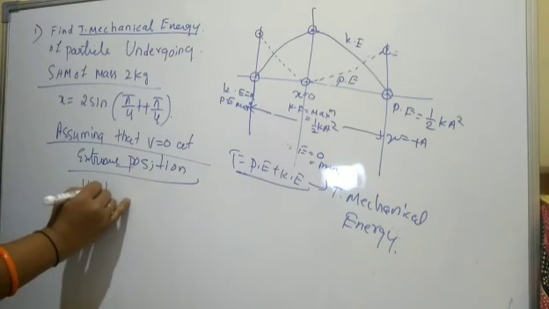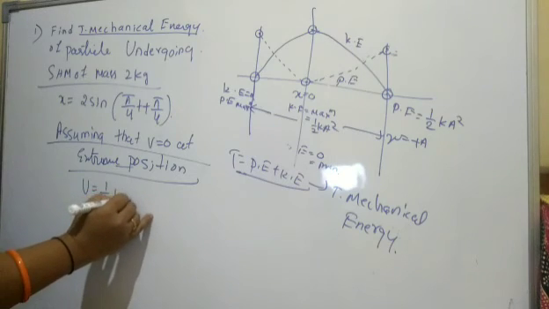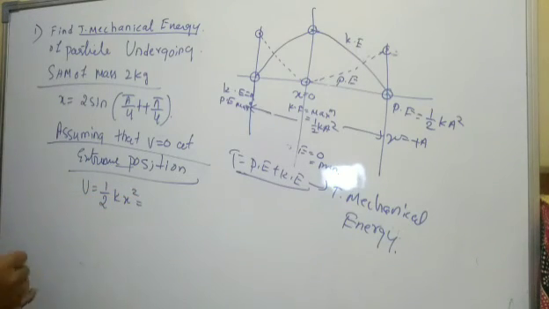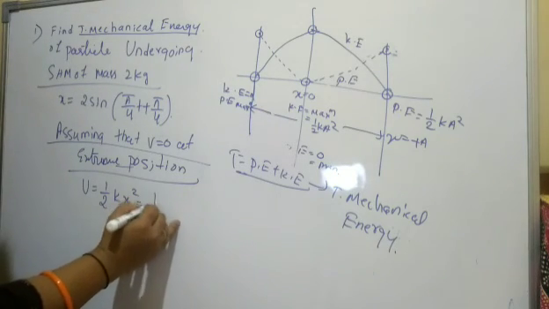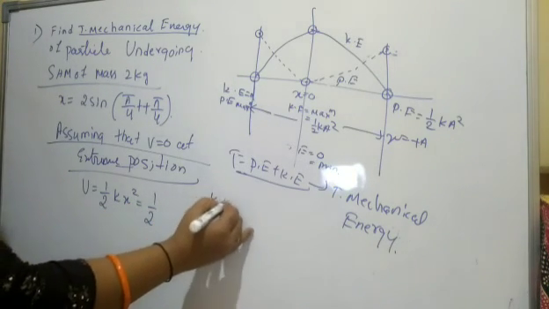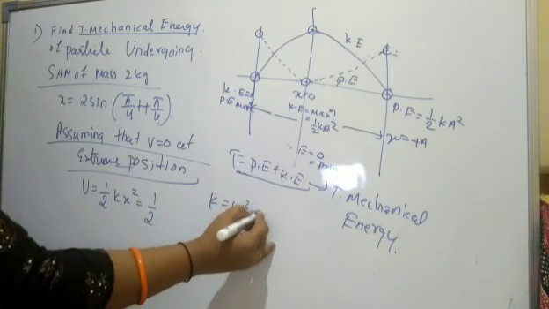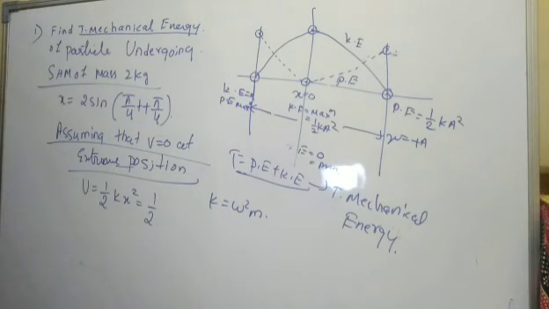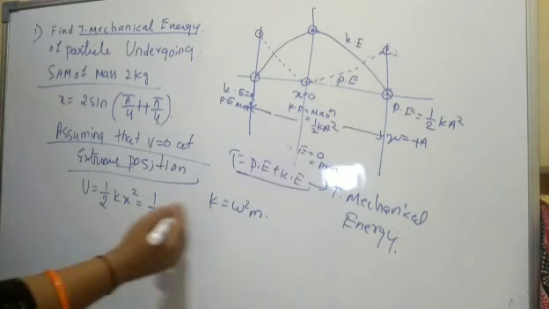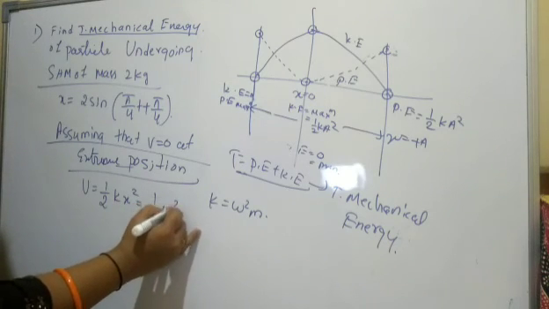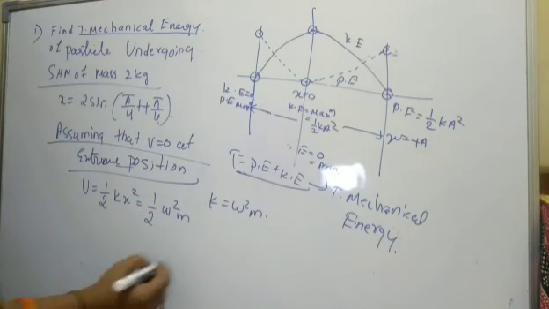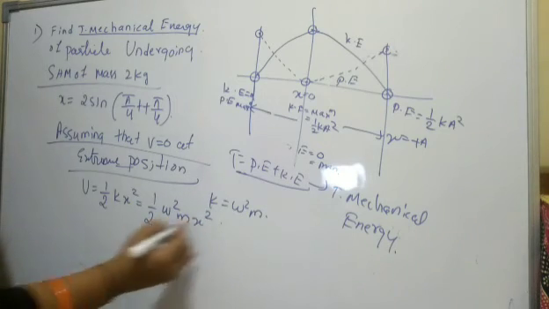Potential energy we have is half k x square, that is 1 by 2 omega square m x square, since k is omega square m.